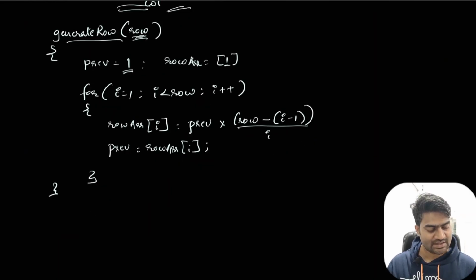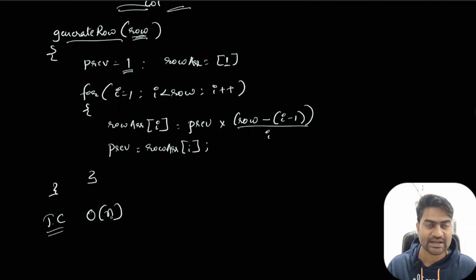So what is the time complexity? Since we are generating one row and we are not using anything extra except the previous value, we iterate over one full iteration from 0 to n, where n is our row value. That's why it is of order n.